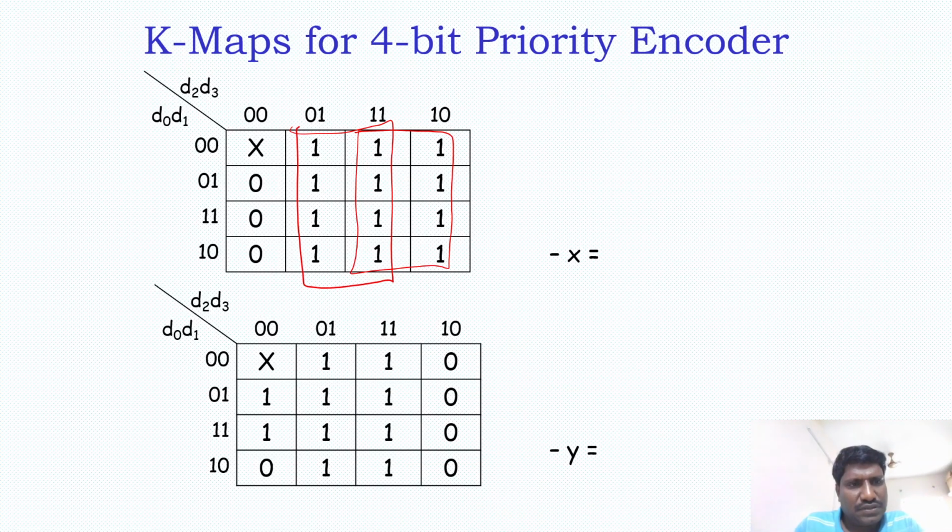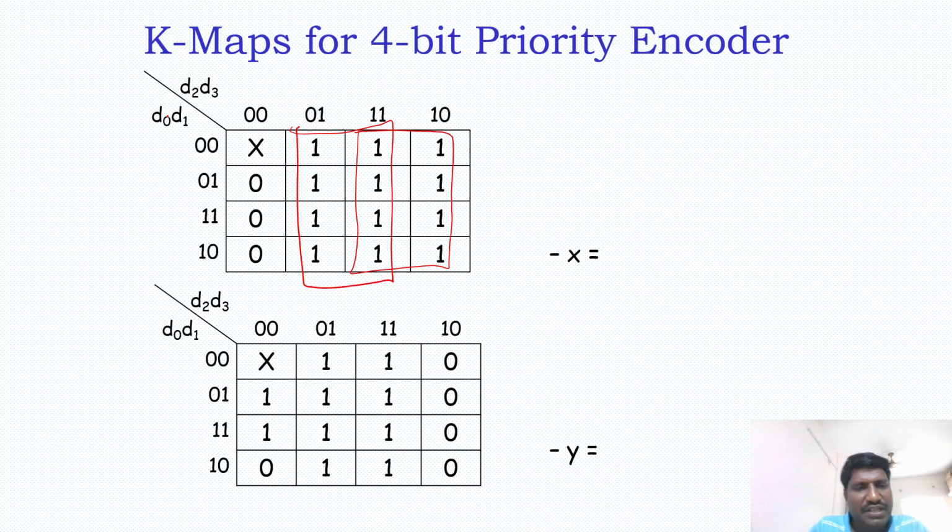Now MSB D2, D3, then D0, D1. Okay. Is that fine? Generally in our K-maps, what we try to do is we write D0, D1, D2, D3.